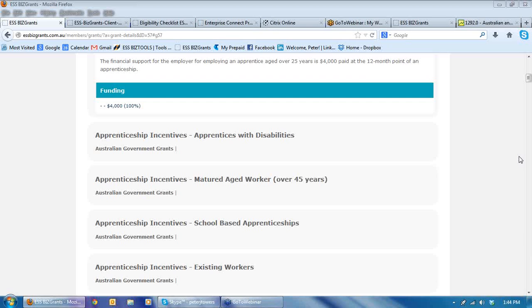Enterprise Connect also have a continuous improvement program. That's for a business that's already been through Enterprise Connect. I'm currently involved in doing a full management review for one of those businesses, and an update of their business plan that they last did 4 years ago.